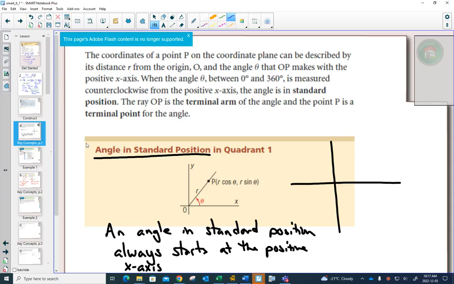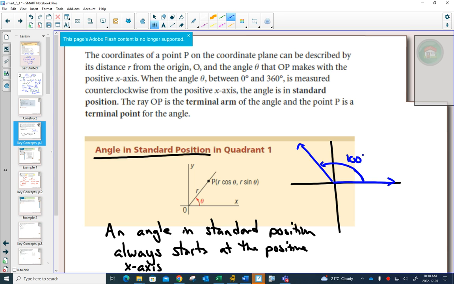And the reason we have a standard position is so that when mathematicians talk about something like 100 degrees, everybody knows what they're talking about and what it looks like. So if I would say, draw an angle of 100 degrees, well, in standard position, you would start at the positive x-axis. 100 degrees would go past 90.